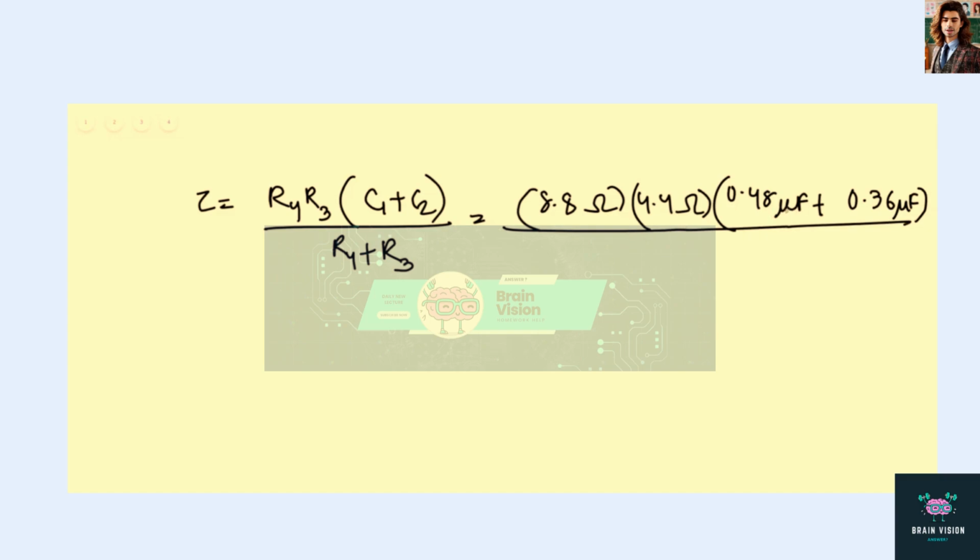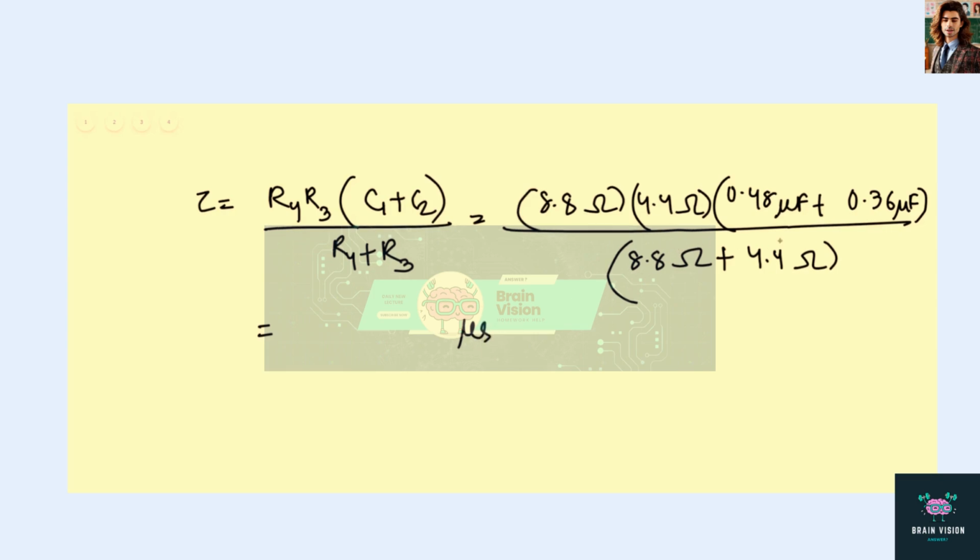I'm directly plugging in the capacitance value of C1 in units of microfarad because I know what units I'll get, but you might need to convert microfarads into farads first. Ohms times farads gives seconds, so ohms times microfarads will give microseconds.